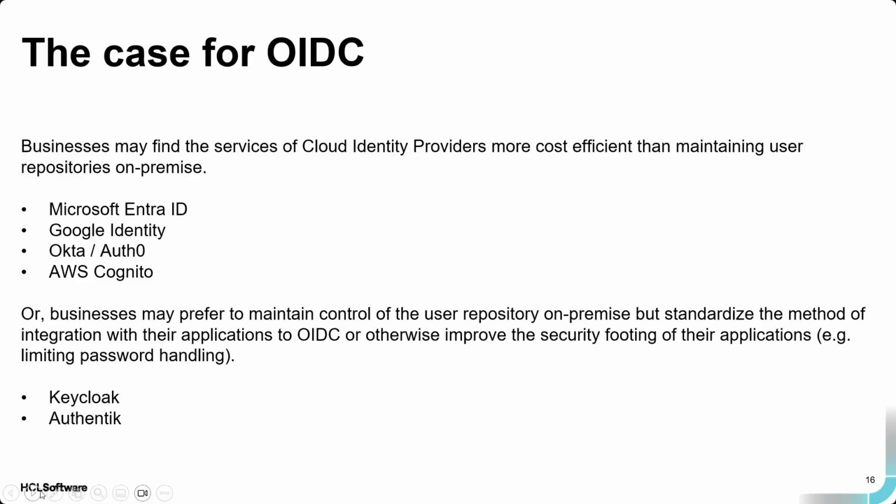So they may have implemented an on-premise identity provider. And the ones you see there very many times are Keycloak and Authentik. And those are on-premise offerings that offer an OIDC interface.